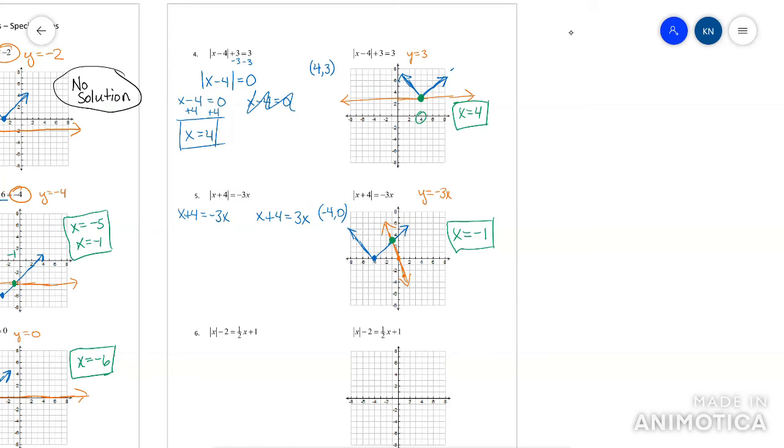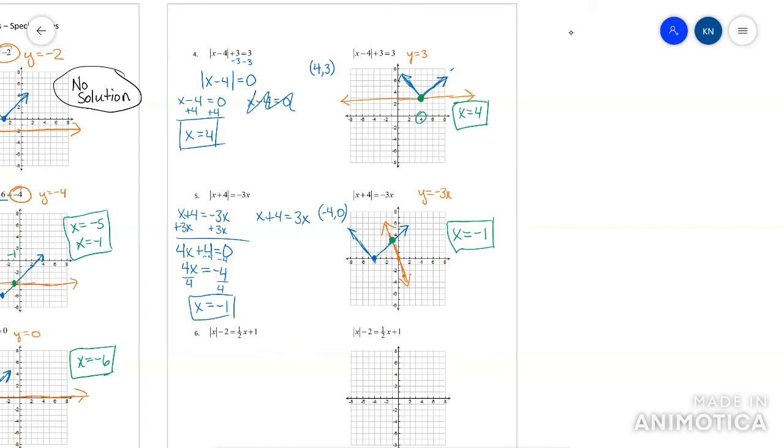Now, I would solve both of these. So get all your x's on one side. Get all your numbers on the other. So subtract 4 there. Then divide. And I would get x equals negative 1.